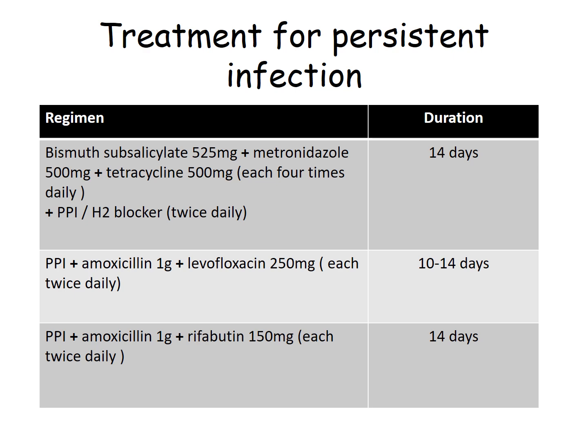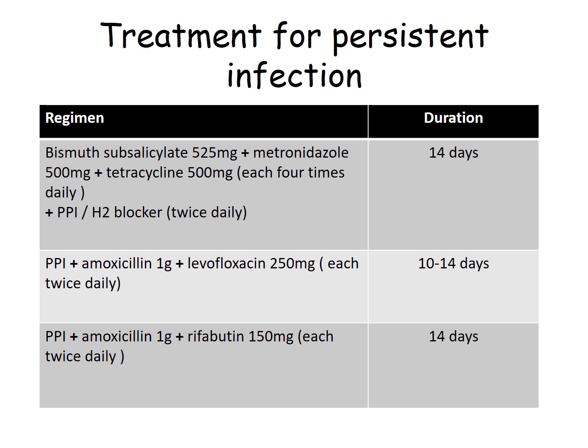Now the treatment of persistent infection. When the 14 days treatment with our PPI plus 2 antibiotics is not effective, or when we do an endoscopy after the 14 days and the infection is still there, then we will have to move on to the next group of treatment. This is known as quadruple therapy. The first group was triple drug therapy, meaning 3 drugs, 1 PPI and 2 antibiotics.